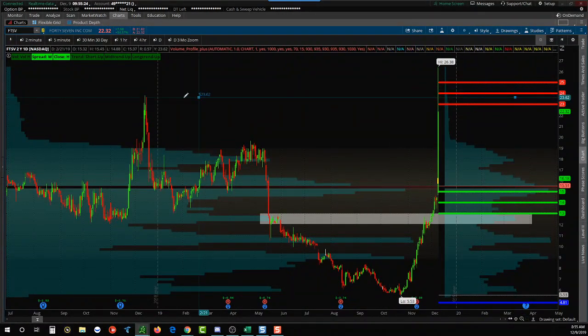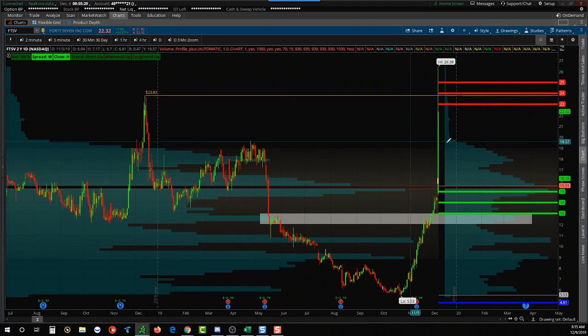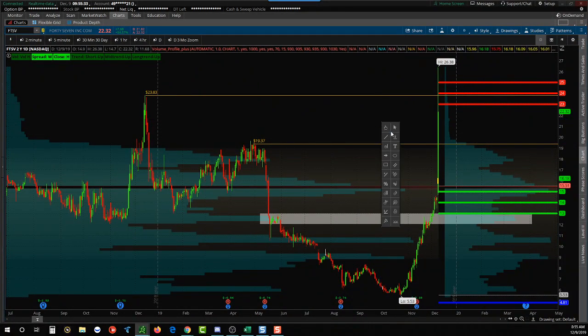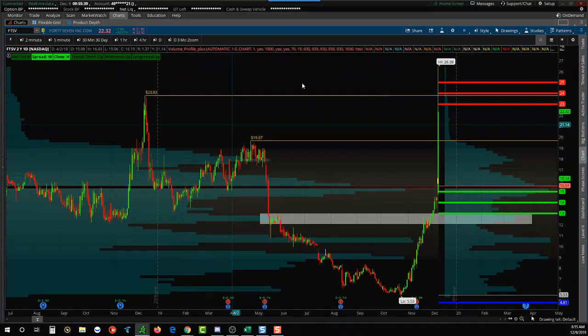Notice the levels that it didn't hold. That price shelf there. And now we're looking for just below that 20 for something else that could hold.